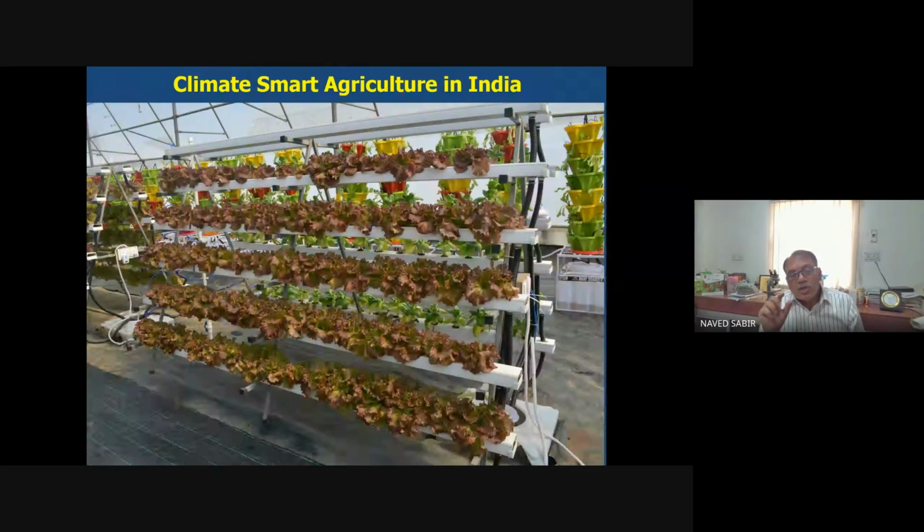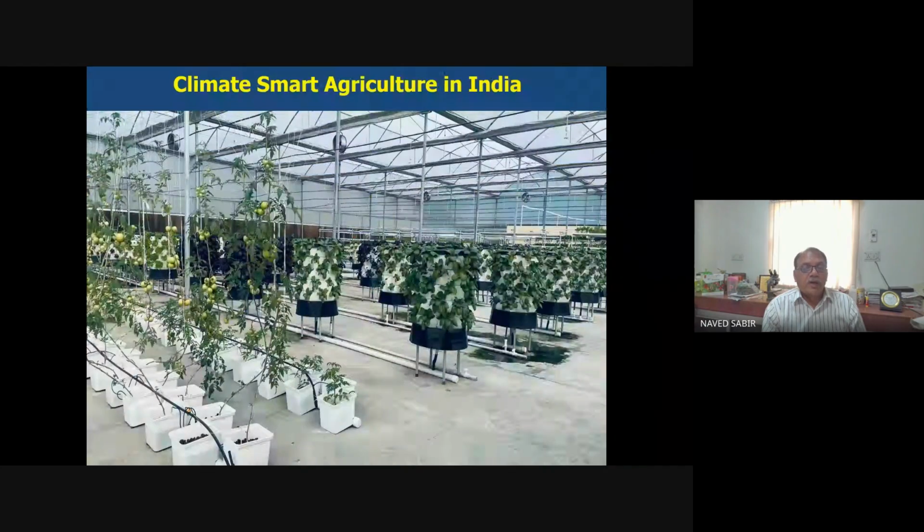So this high pH will lead to less absorption of the available nutrients. That is why, with climate smart agriculture these days, climate related exigencies, emergencies, and extremities can be controlled by smart agriculture.